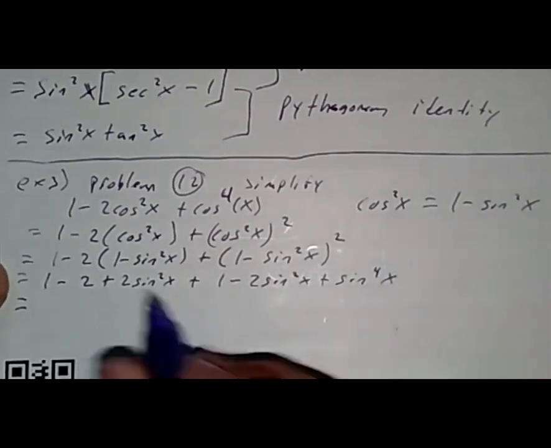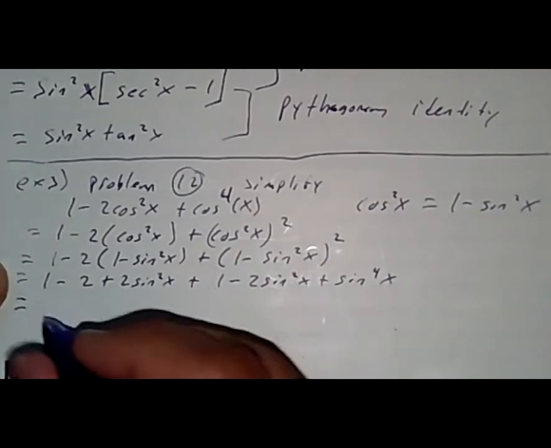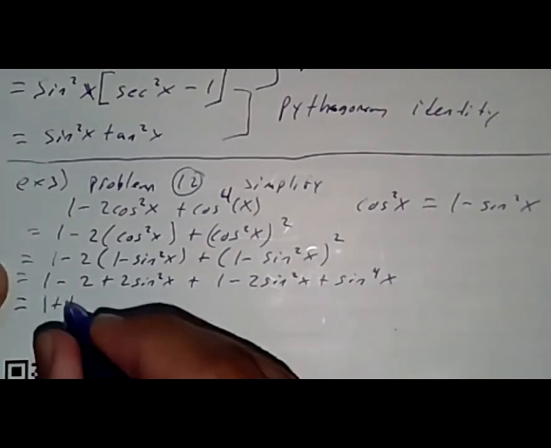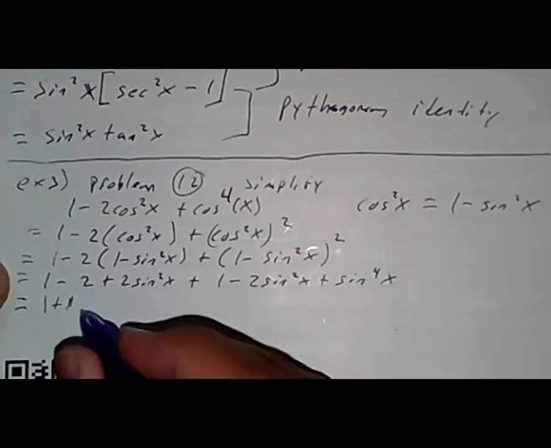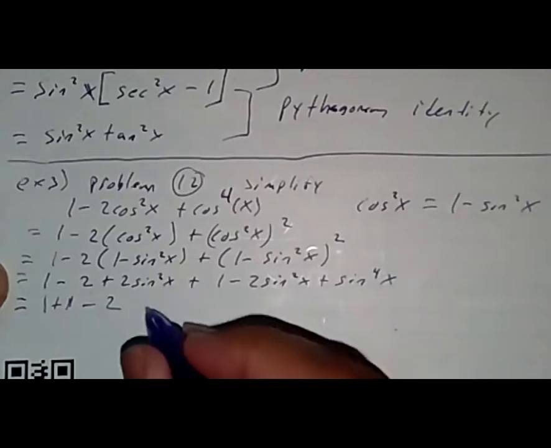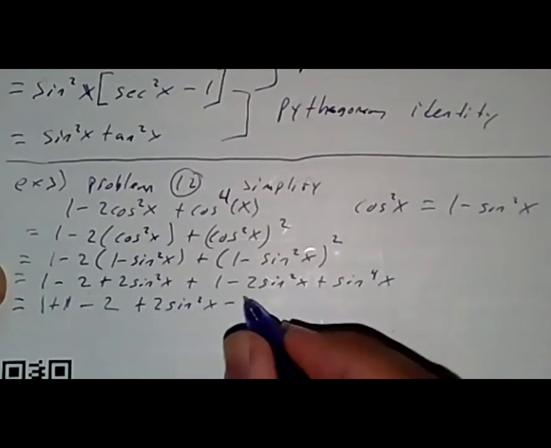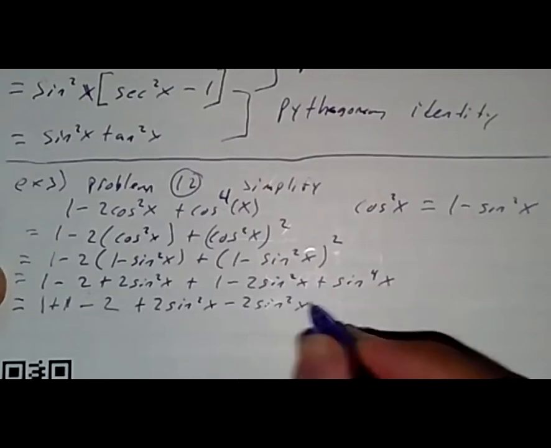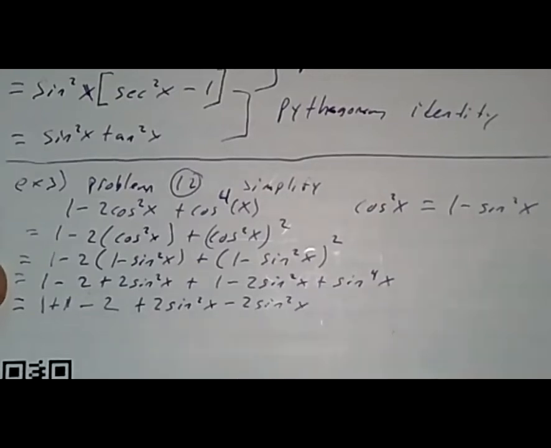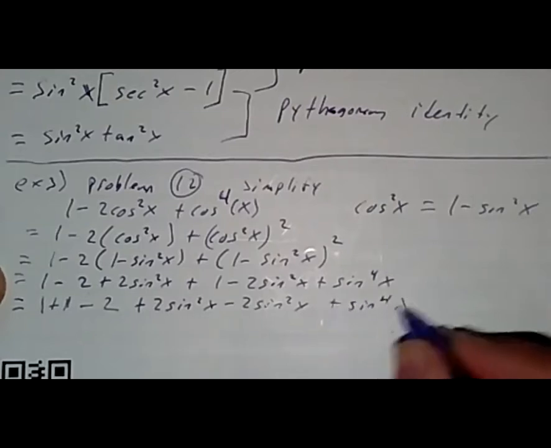All right, let's do it. So you see there's a 1 and a 1, right? So that's 1 plus 1. You agree? Yeah. And there's a minus 2 right there, correct? This one. Yeah. And then there's a plus 2 sine squared x minus a 2 sine squared right here, correct? Yeah. So all those, do you agree, will cancel, except this last term?